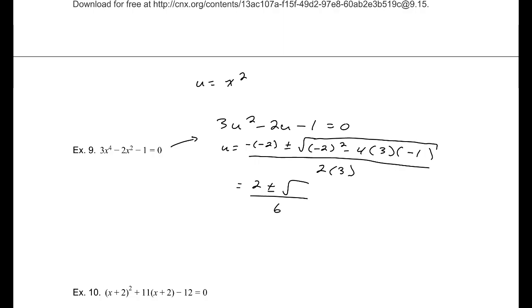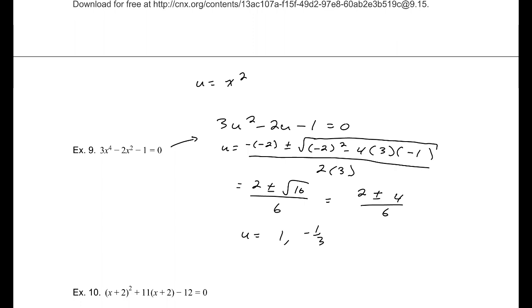And that would be, well, negative 2 squared is 4, plus 12, 16. So this is 2 plus or minus 4 over 6, which means that u is 6 divided by 6, 1, or 2 minus 4 is negative 2, so that's negative 1/3.